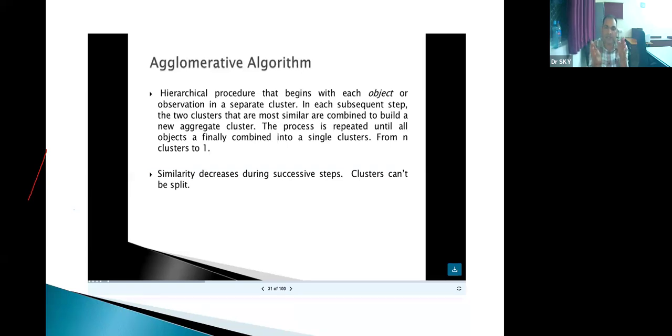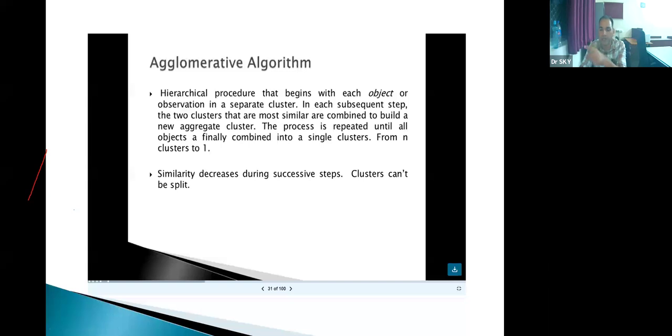contrary to that, the divisive is from one to many. In each subsequent step, the two clusters that are most similar are combined to build a new aggregate cluster. The process is repeated until all objects finally combine into a single cluster, from n clusters to 1.